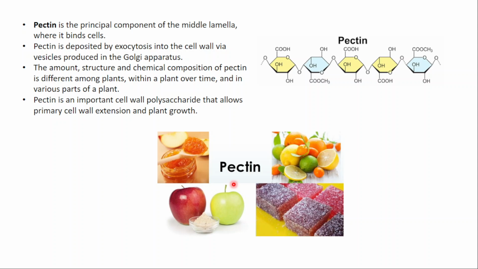Is it clear to the students? Surbi says yes, Roshan yes, Muttu yes. Yes, yes, cool.